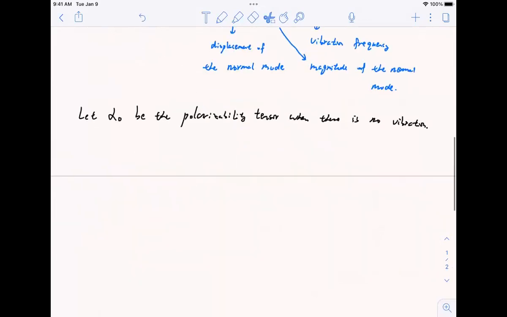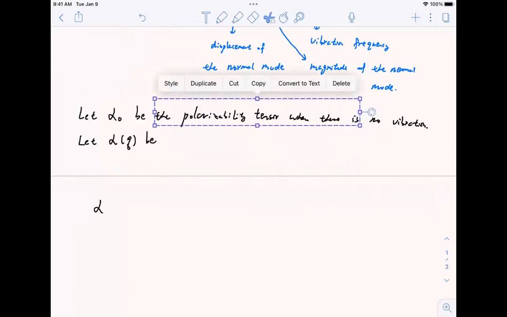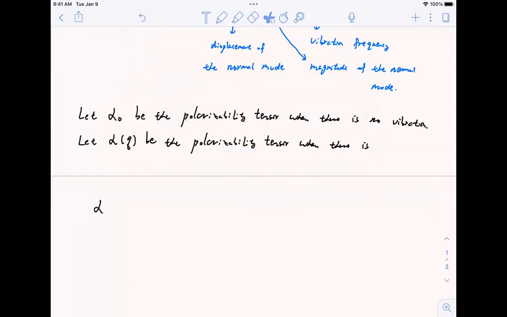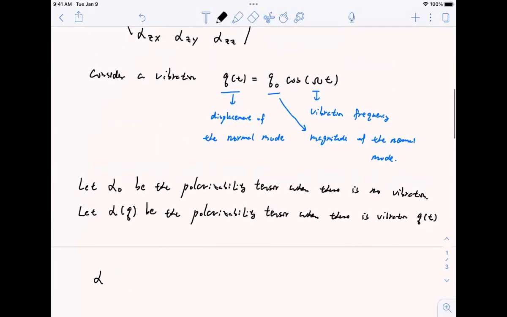And let this be the polarizability when there is vibration, alpha of Q(t). So this will be time dependent.